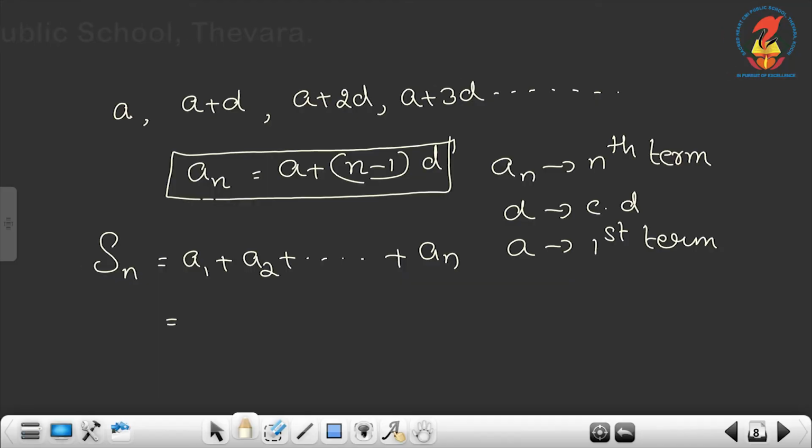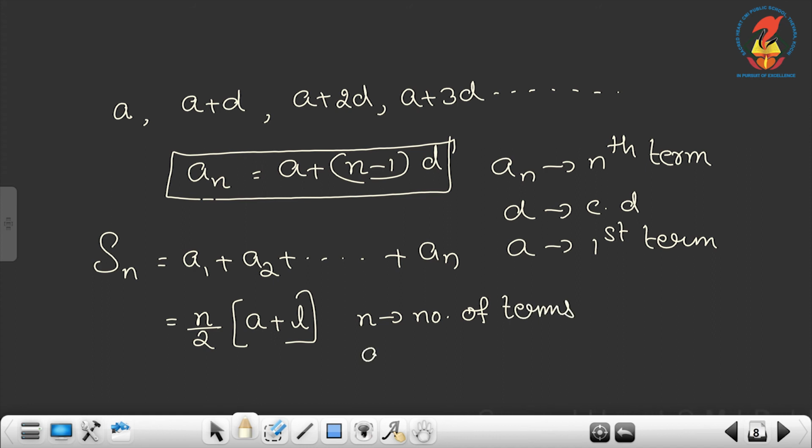One is n by 2 into first term plus last term. Okay, what is this n? N is the number of terms. A is the first term and L means L is the last term.